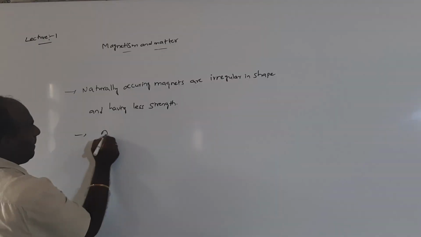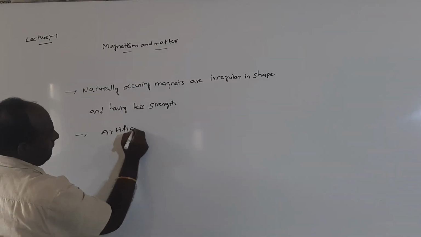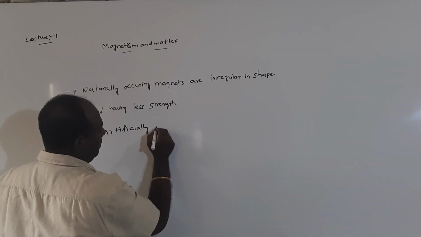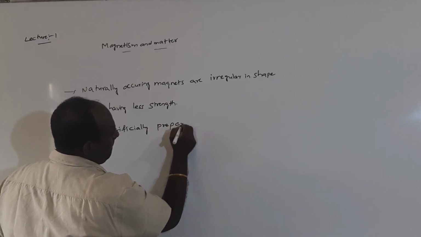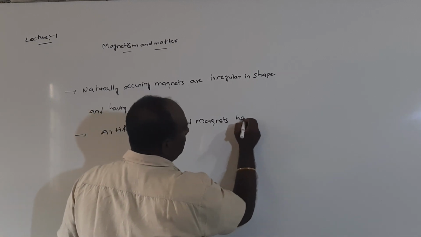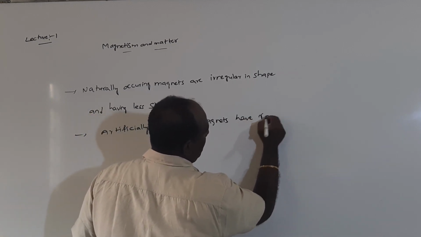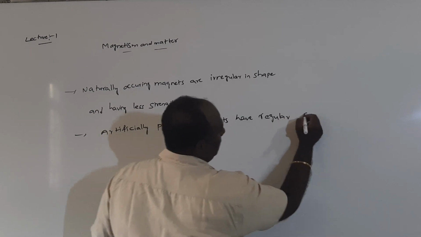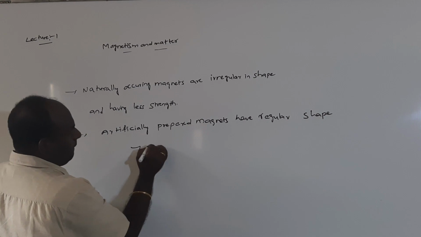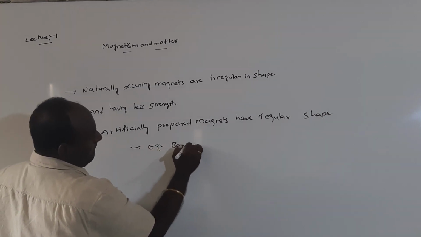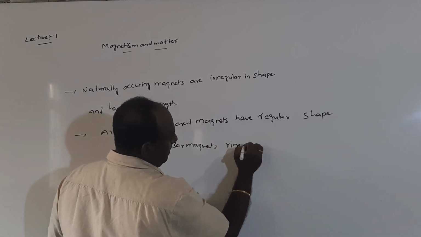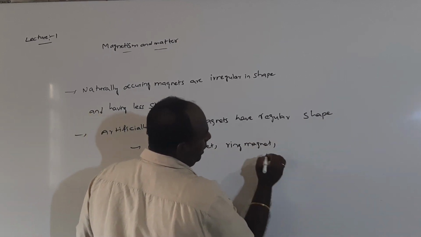Now artificially prepared magnets have regular shape. Example, bar magnet, ring magnet, horseshoe magnet.